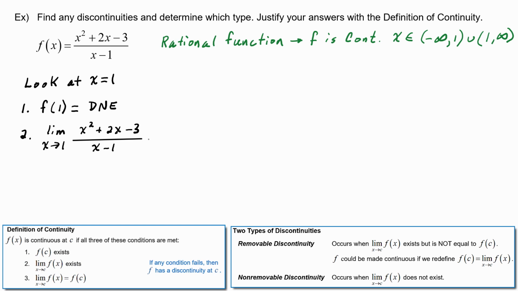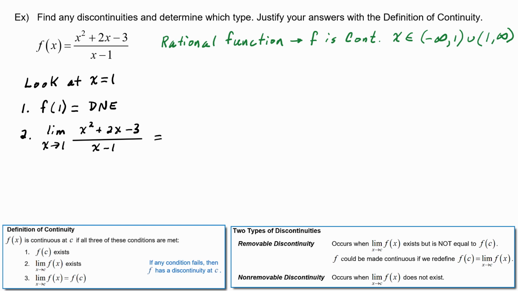If we tried direct substitution, we would have 1 plus 2 is 3. 3 minus 3 is 0. So we would have 0 in the numerator, 0 in the denominator. 0 over 0 is indeterminate, so that tells us we have to do some work here. And the technique we learned is to factor this numerator and see if we can get something to cancel.